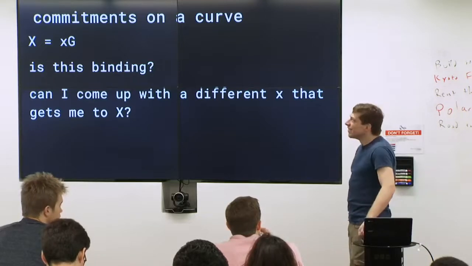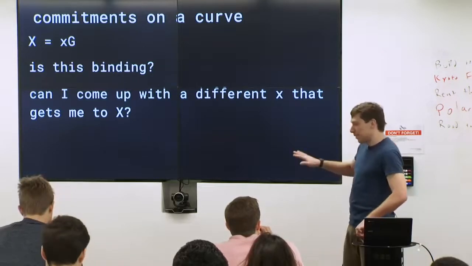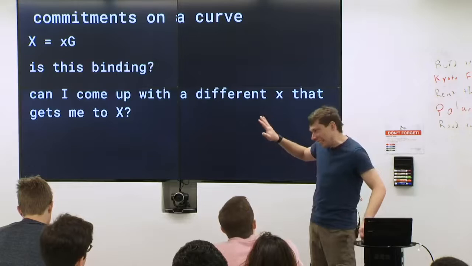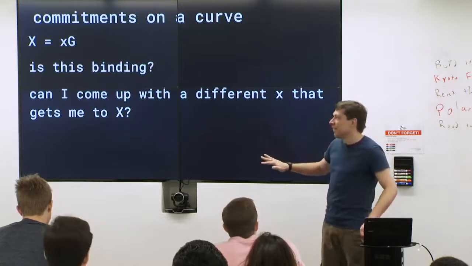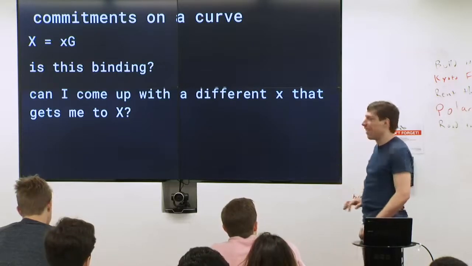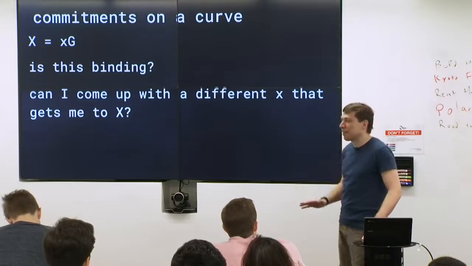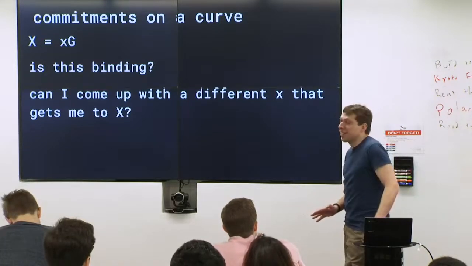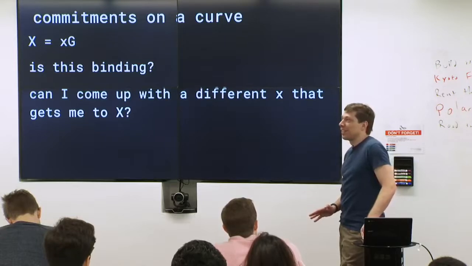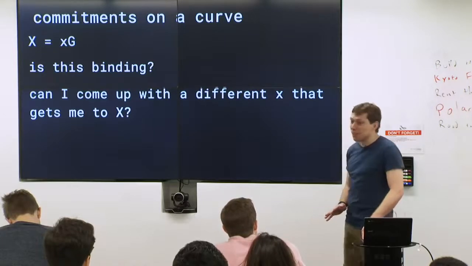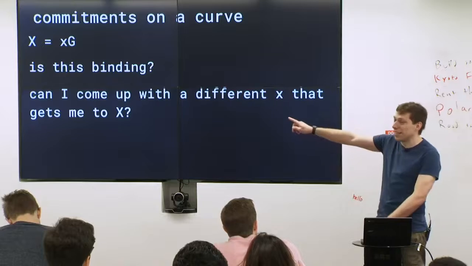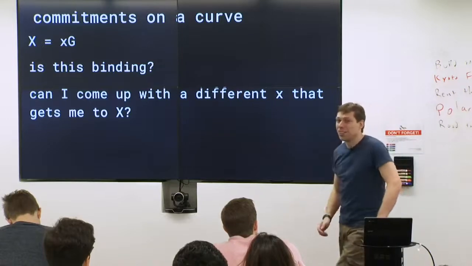So in this specific case, this is binding. There's a bunch of asterisks there. Yeah, it gets complicated. There are some curves where it's not, and some systems where it's not. And there have been problems in currencies where people assume that this is the case. I think in Monero, but yeah.